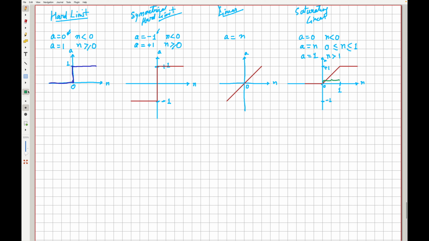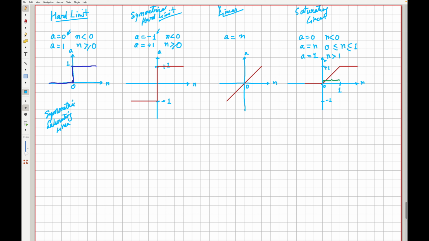The next transfer function we are looking at is called symmetric saturating linear.